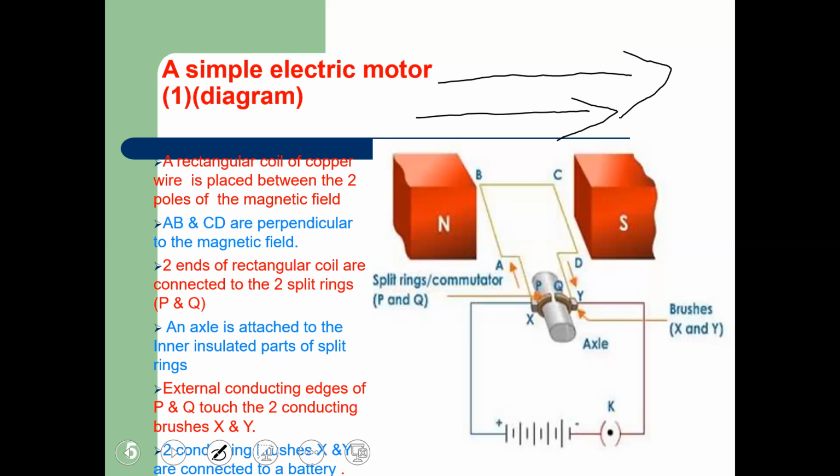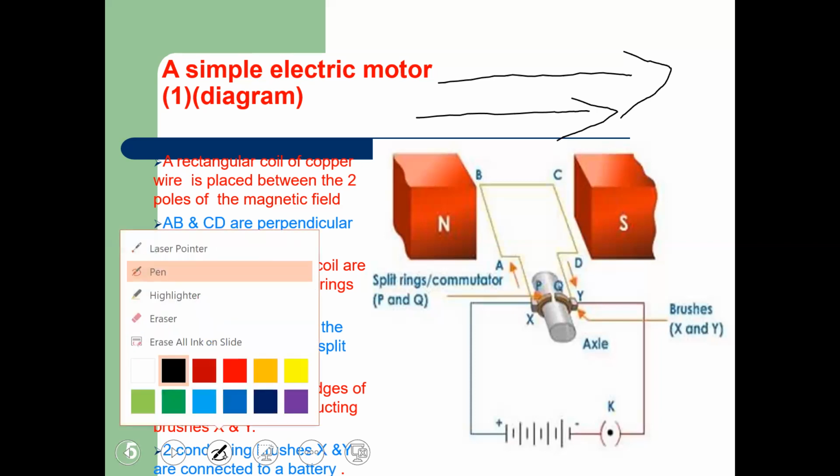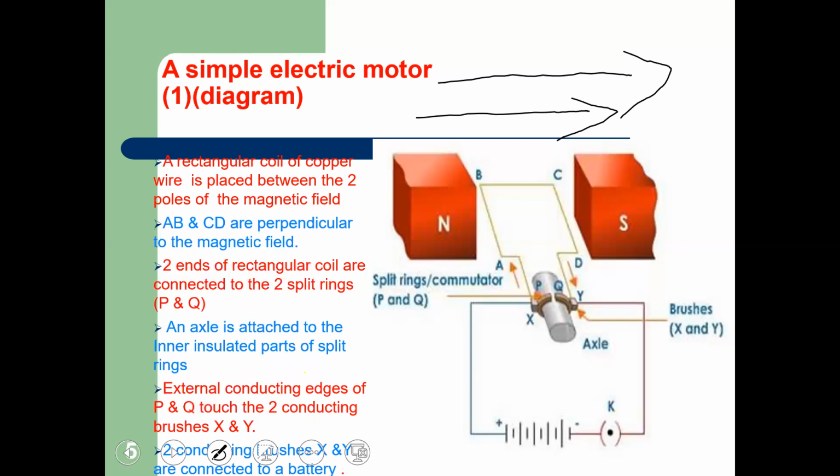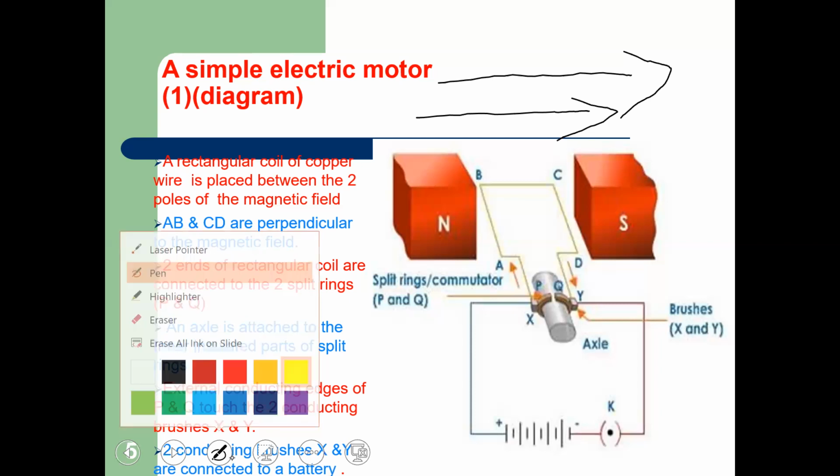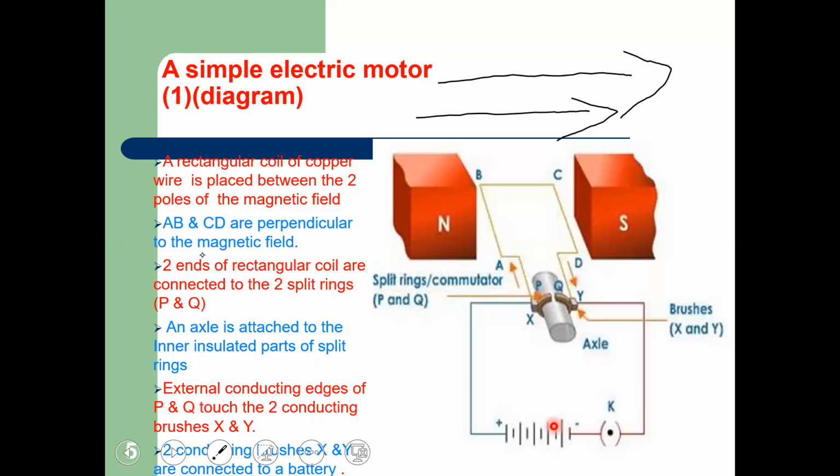If you look at the electric current, you expect the current to flow from this battery, get to this point, and enter this coil A, B, C, D, and flow out. And since it's entering this coil, this is the direction of current flow, or if you like, point it in the opposite direction and say direction of electron flow.